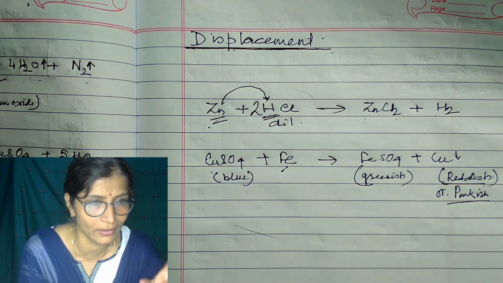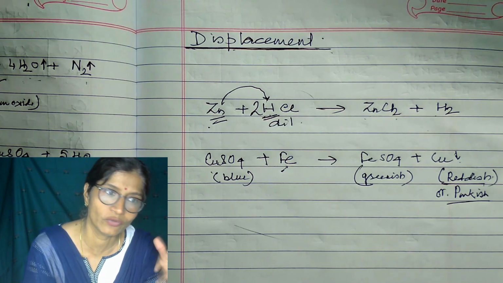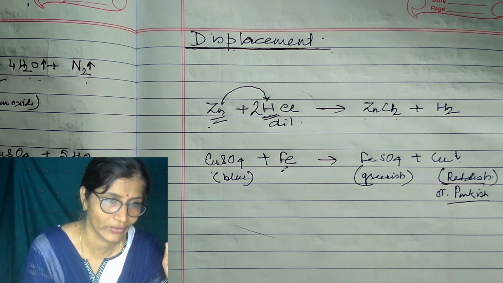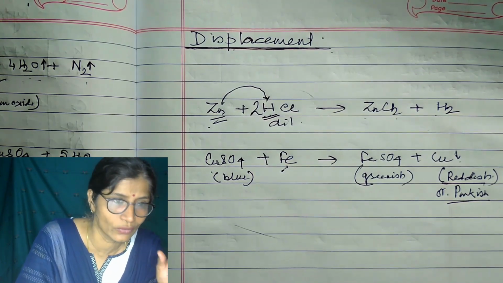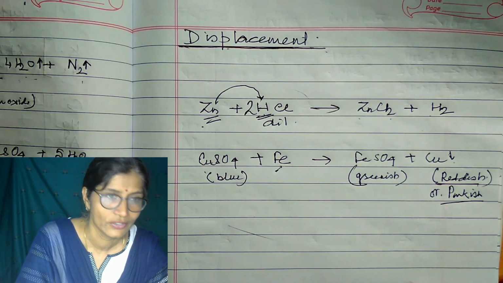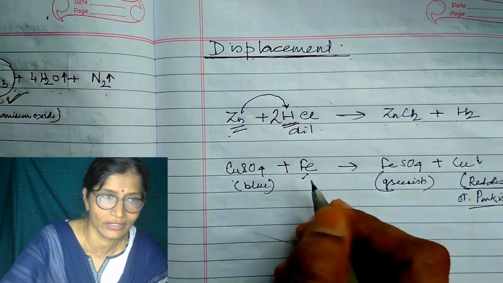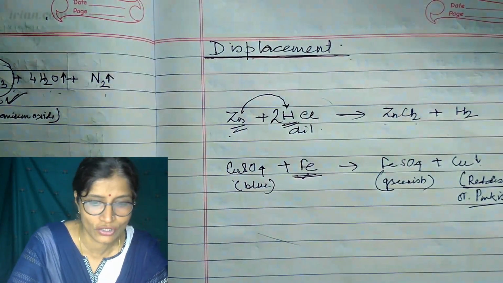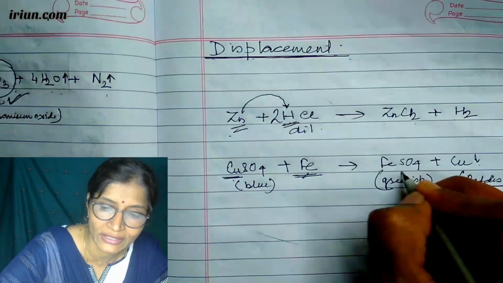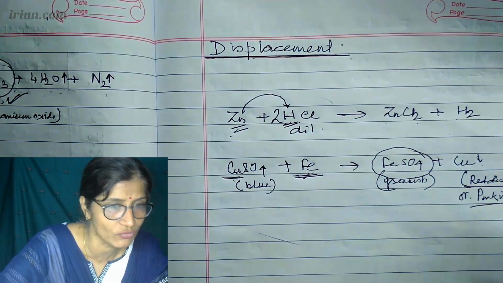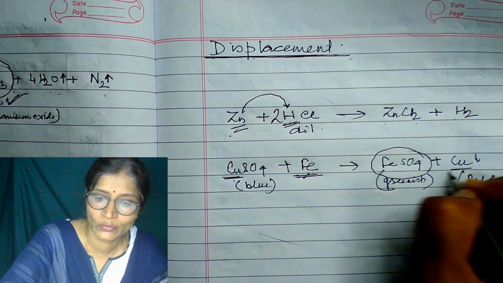If a boy and a girl pair is sitting together, then he will remove the boy and sit there, and take his position. So a new pair is formed. Here also it is the same thing. This iron is strong, so it will remove this copper and take its place, and a new compound is formed.